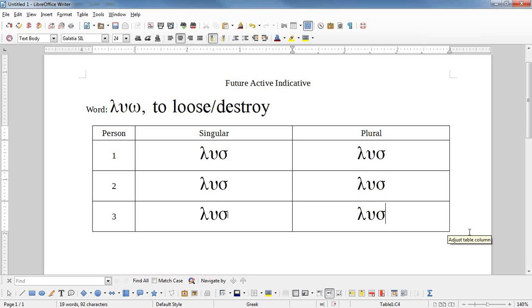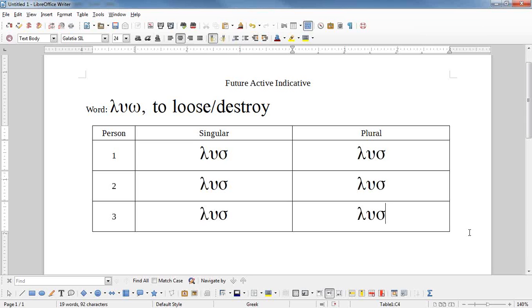Like I said, this is known as a tense suffix, and it is the biggest identifying marker for the future active indicative. Once we see the suffix at the end of the stem, this lets us know it's a future. It's totally a future.